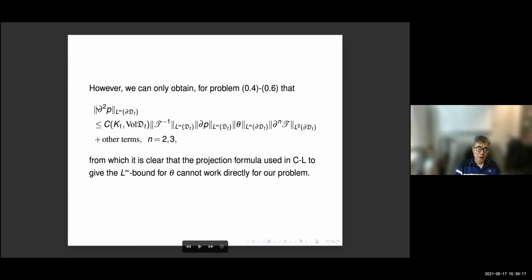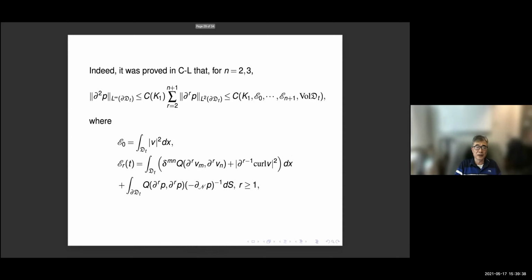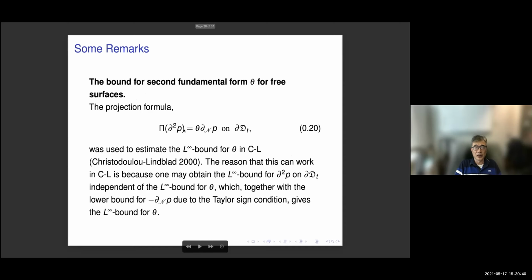Therefore, if we want to use this projection formula to bound the second derivative, this approach doesn't work for our problem.